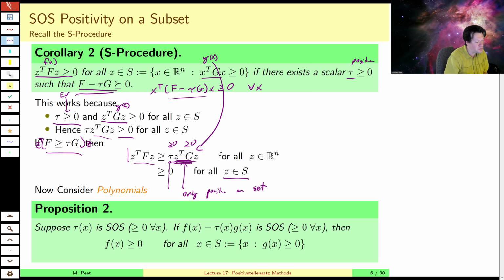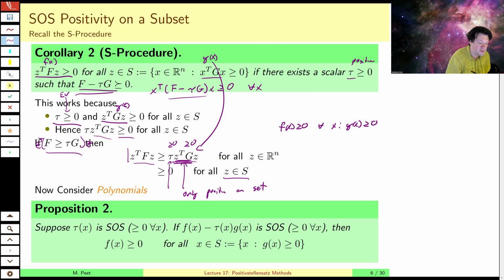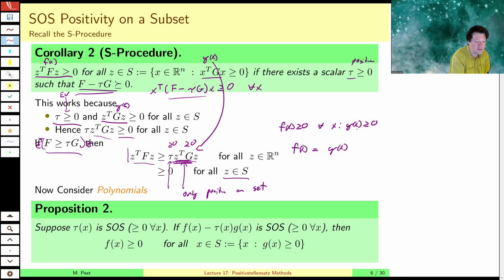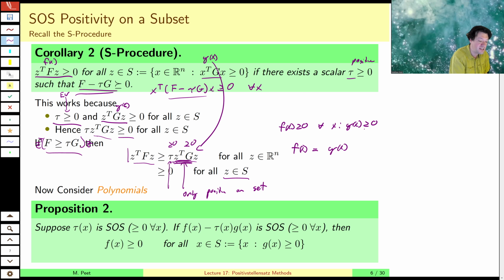So if we were to take this to polynomials and apply it to polynomials, the result would be: if we're looking for f greater than or equal to 0 for all x such that g of x is greater than or equal to 0, then if f of x equals g of x, obviously it's positive, because on that set, by definition, that's the representation of the set itself.